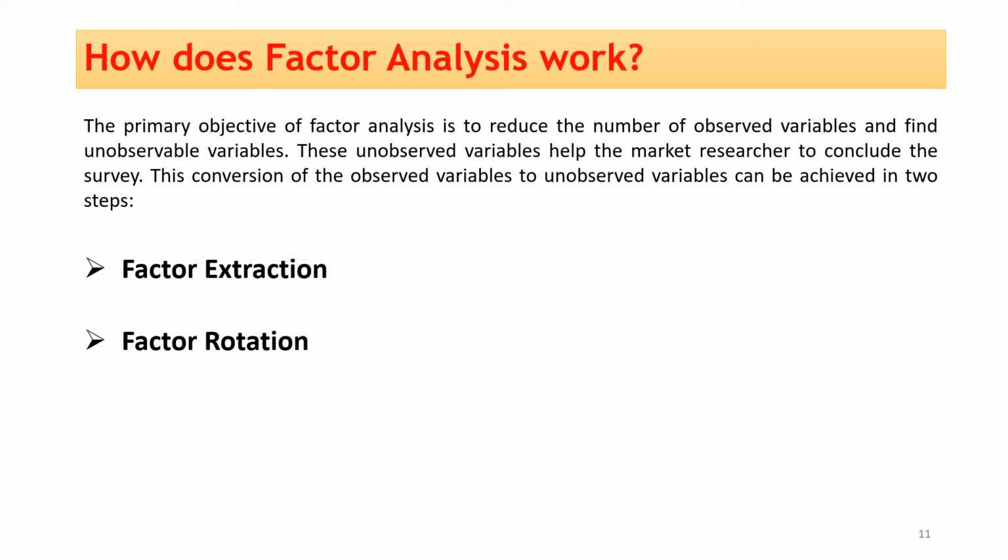In this step, rotation tries to convert the factors into uncorrelated factors, and the main goal of this step is to improve the overall interpretability. There are lots of rotation methods available, such as the Varimax rotation method, the Quartimax rotation method, and the Promax rotation method.